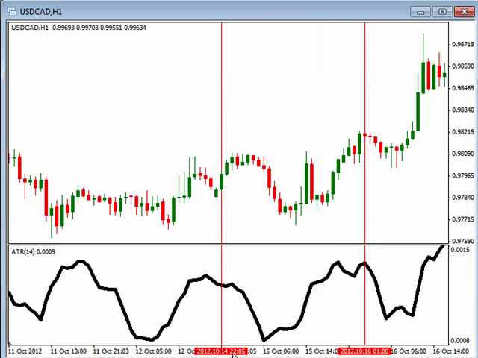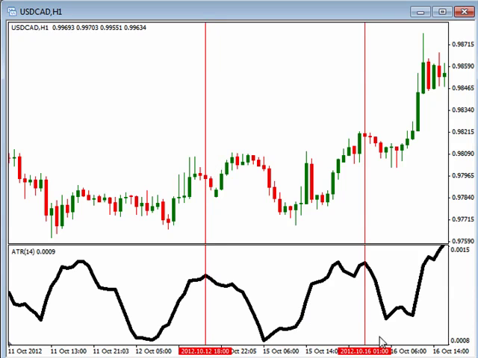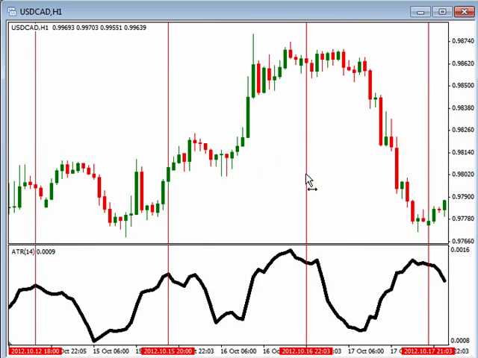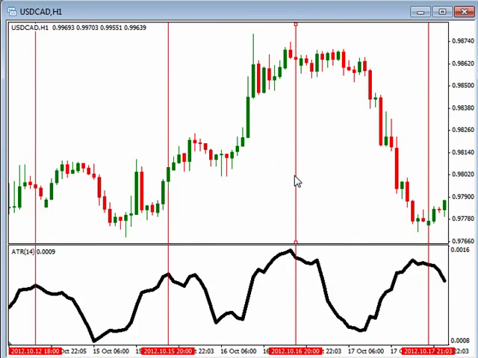So here, if we go to the peak here, that's around the 1800 hour. If we go to the peak here, the 20 hour. The peak here, the 19 hour.